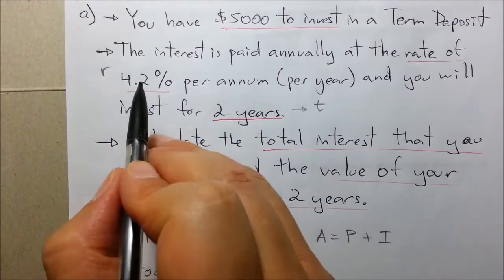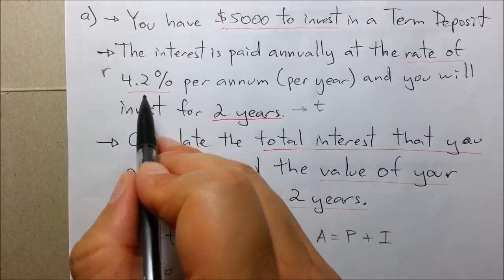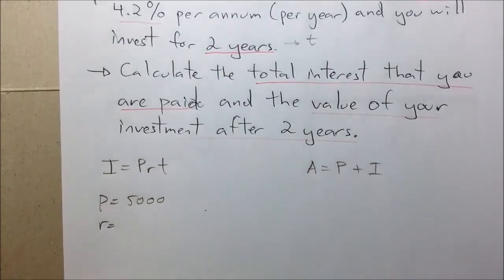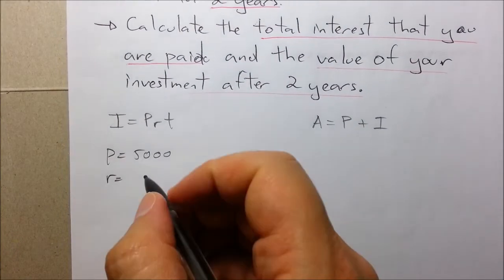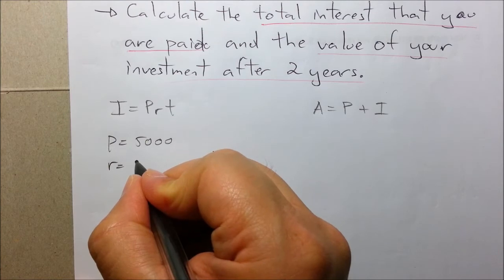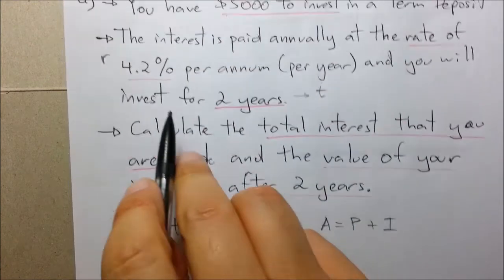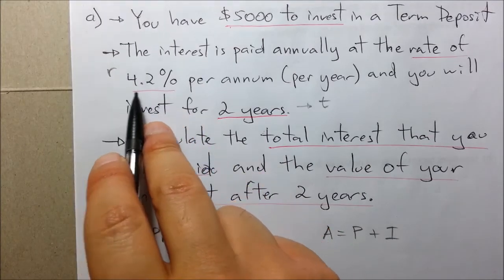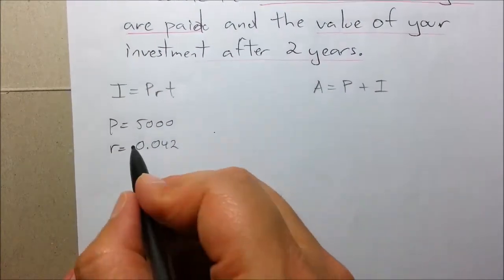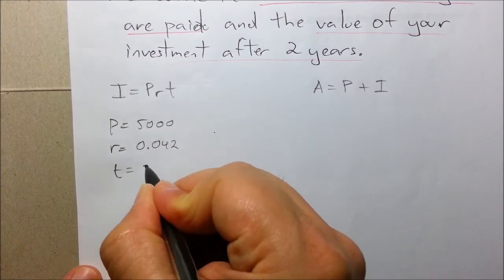That's important. Always turn the percentages into a decimal, or else it's going to mess up your solution. So 4.2 divided by 100 gives us 0.042. That's how you turn a percentage into a decimal: divide by 100. And then T is equal to 2 years.